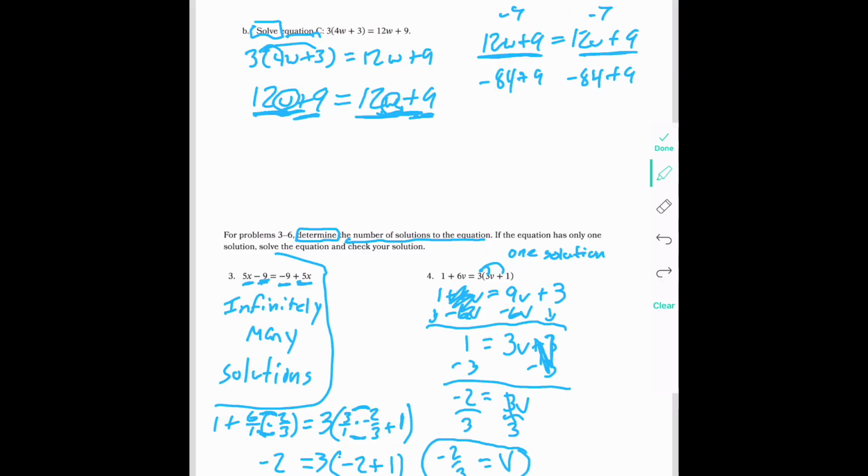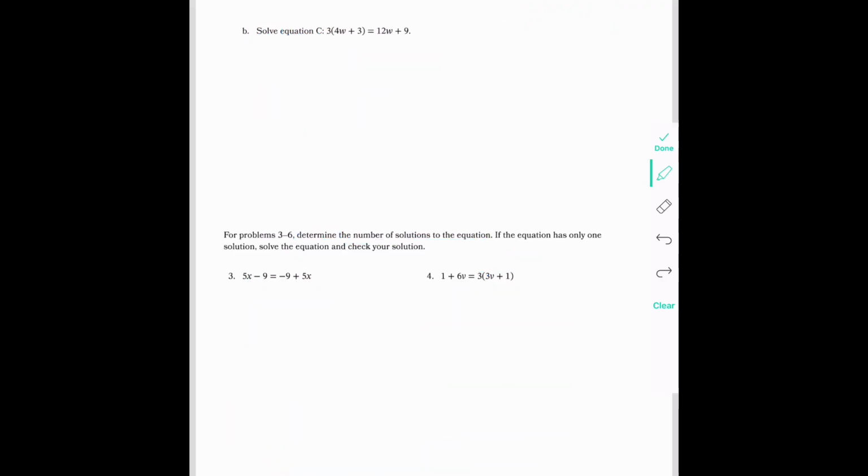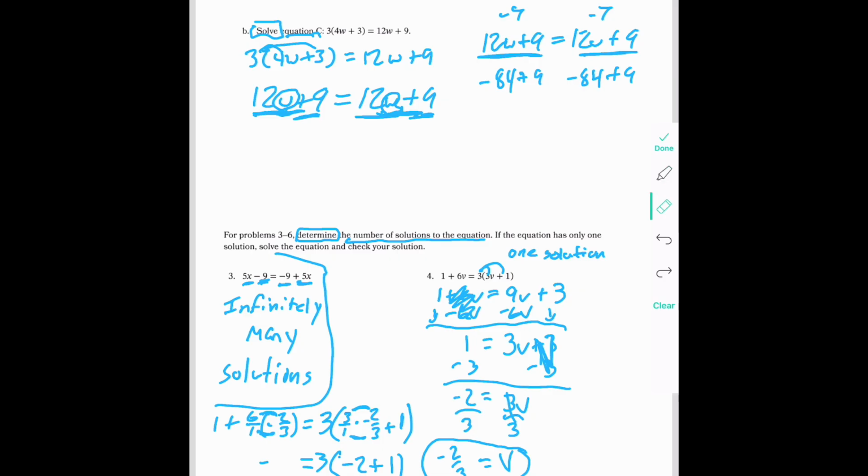Oh, no, actually, I did that math wrong. I did that math so wrong. So this equals negative 12 over 3, which would give us negative 4. Okay. So negative 4 plus 1 is what's over here.